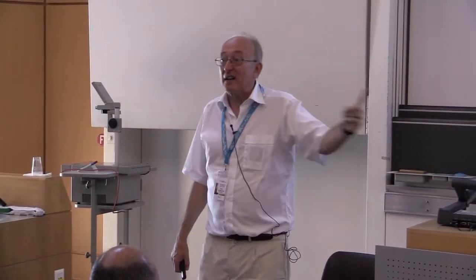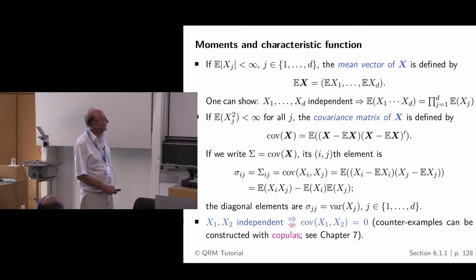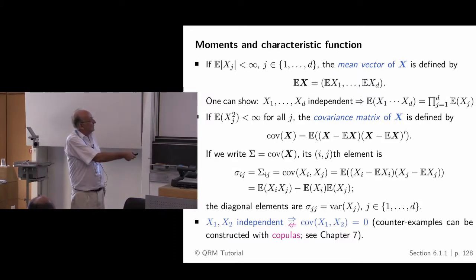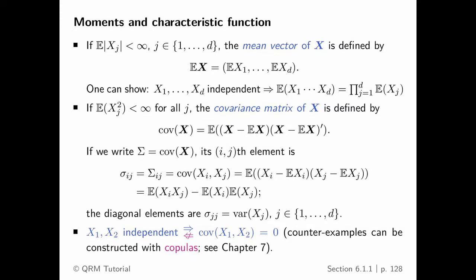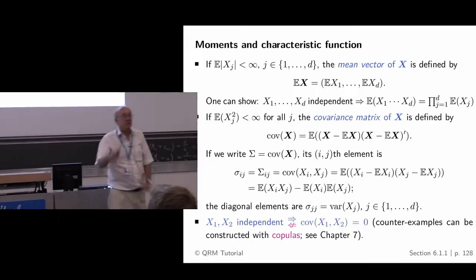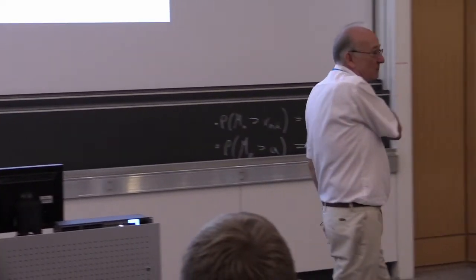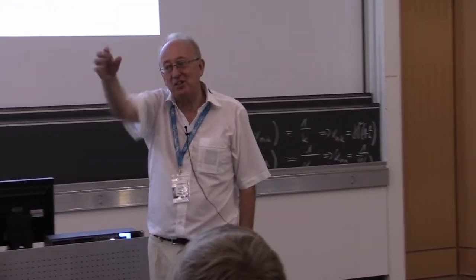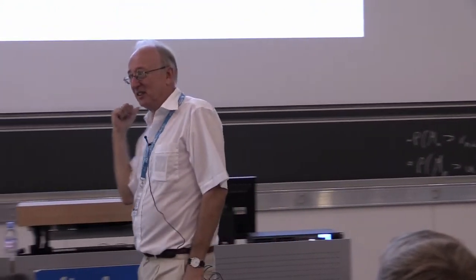Now you see you can go back. Remember? Now I can go back. If I have, in this case, a bivariate Gaussian, bivariate with 0 correlation, then they're independent. So just calculating this number, the correlation, I can find independence.